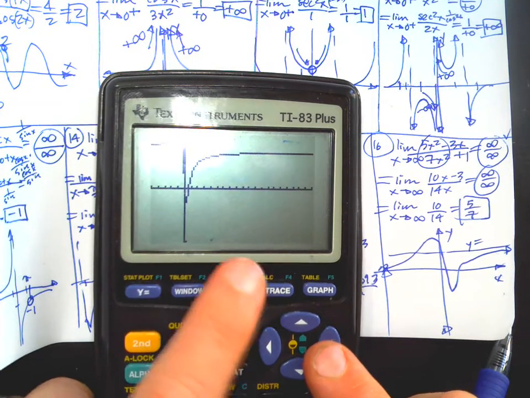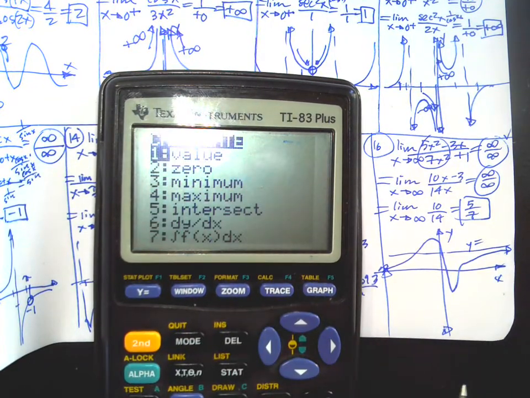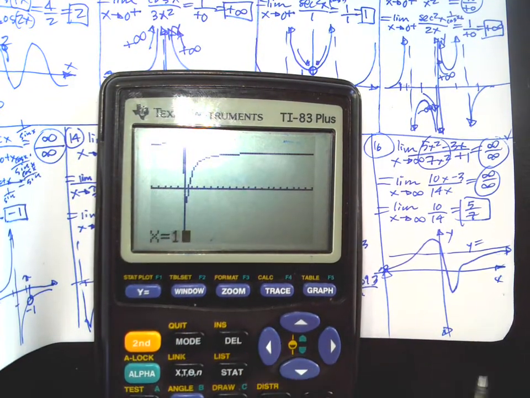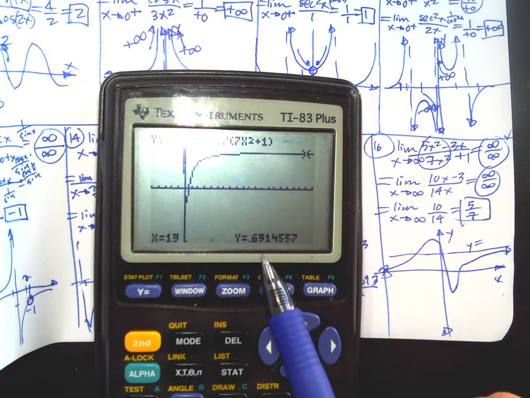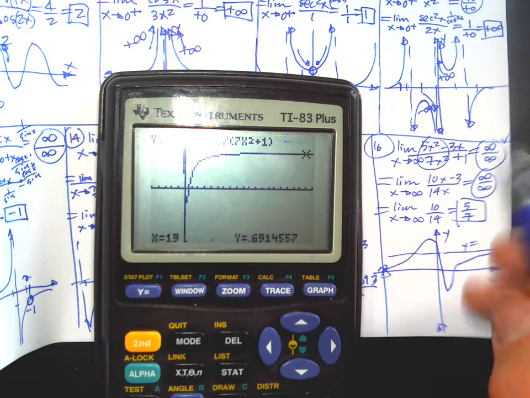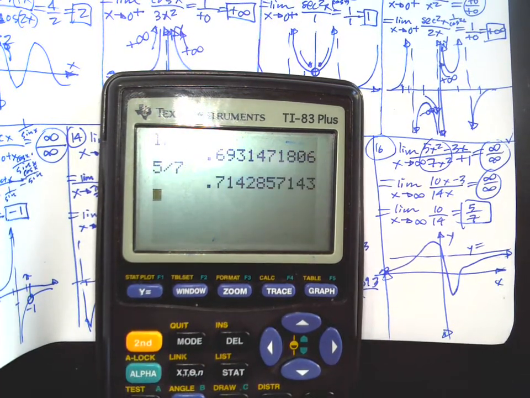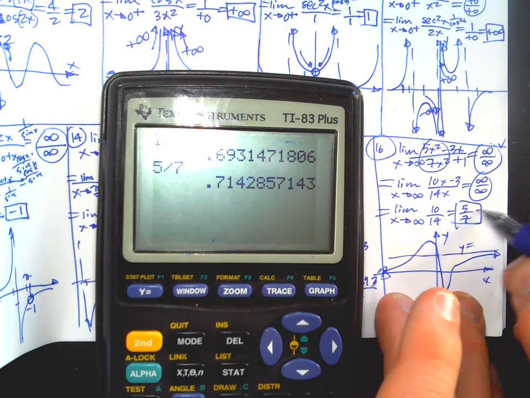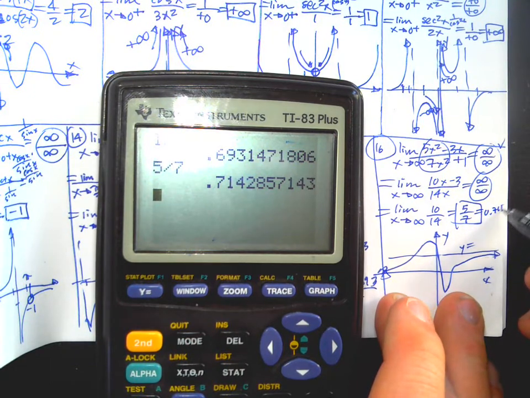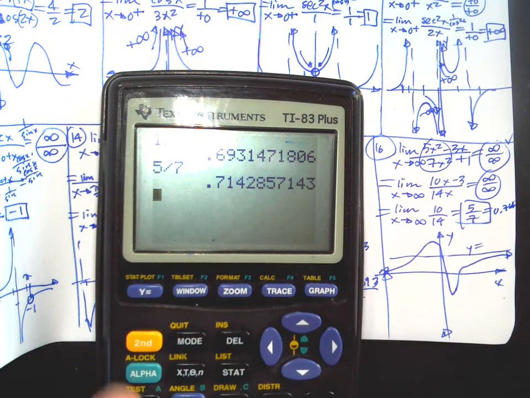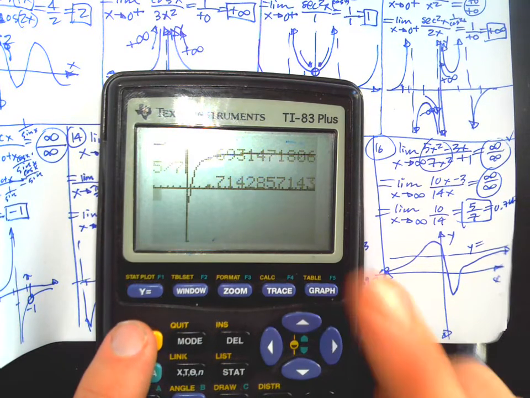We could do second calc, say 19, enter, and it's going towards what looks like 0.69. And what's 5 divided by 7? 0.714.